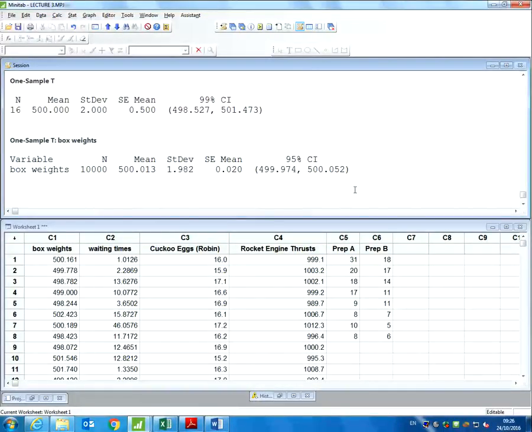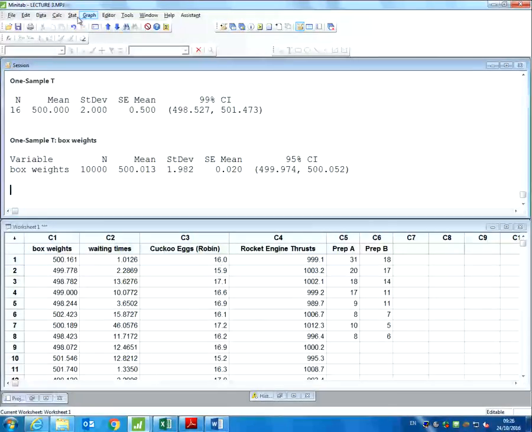If someone asked you this question, is it feasible that the true mean could be 499 grams, what would you say? No, because 499 grams doesn't lie inside the confidence interval. So can you all see that the question can be answered just by looking at confidence intervals? You don't have to actually do the hypothesis test, okay?